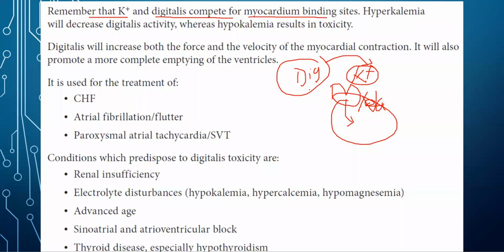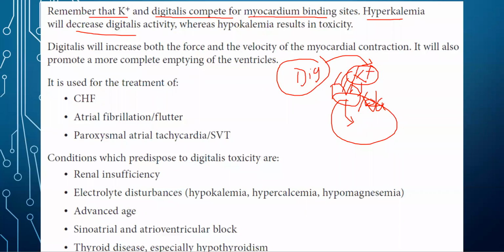Okay. Now, what will happen if in your body there is increased potassium? Potassium will saturate this receptor and digoxin will not be able to bind here. So there will be decreased digoxin activity. That means hyperkalemia will reduce the activity or effectivity of digoxin.